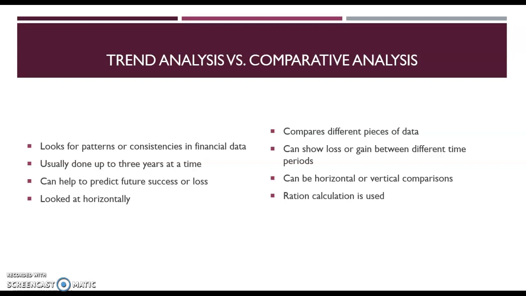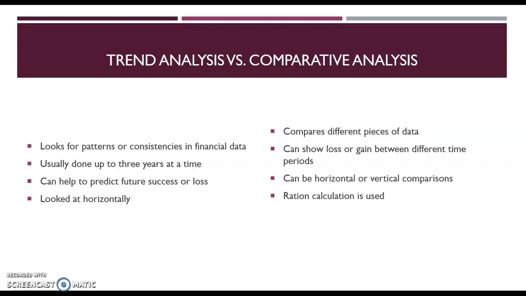The first thing we're going to be looking at is trend analysis versus comparative analysis. The two are used for similar items, and we'll take a look at how they are similar here in just a second. But looking at them separately, trend analysis looks for patterns or consistency in financial data.